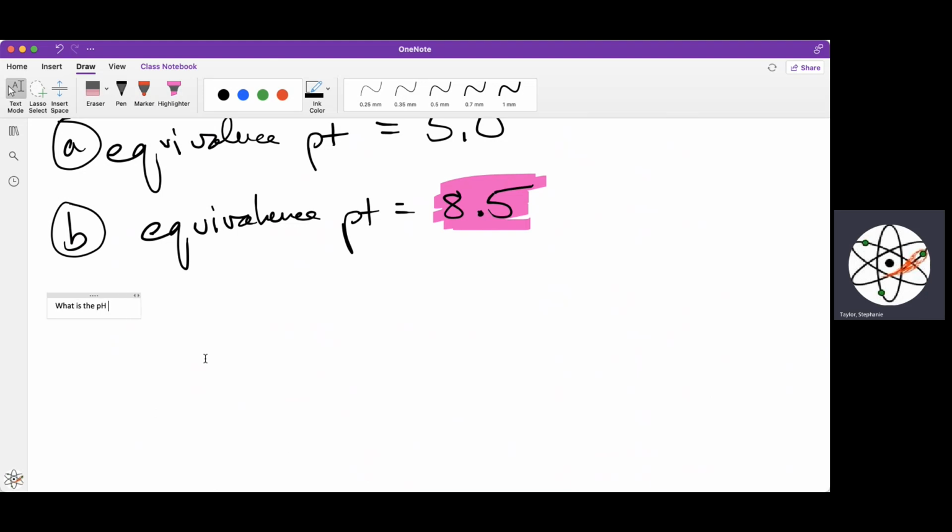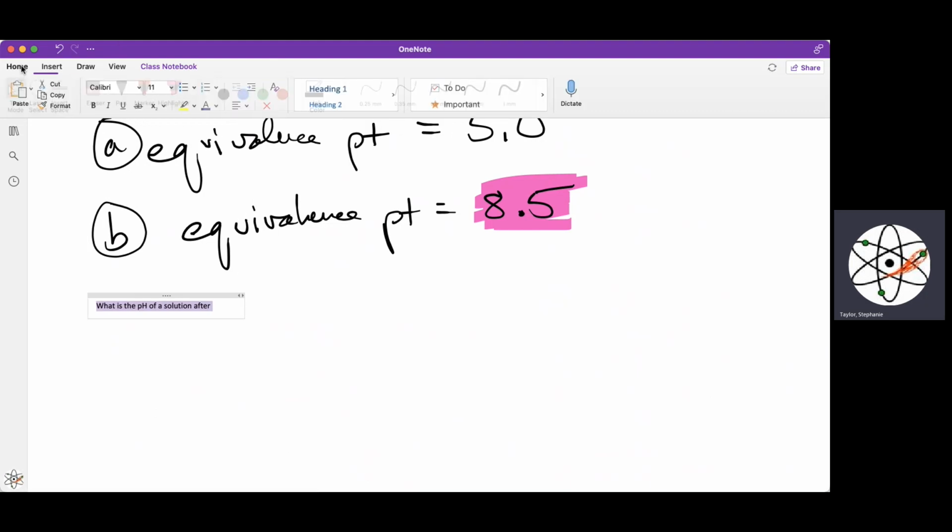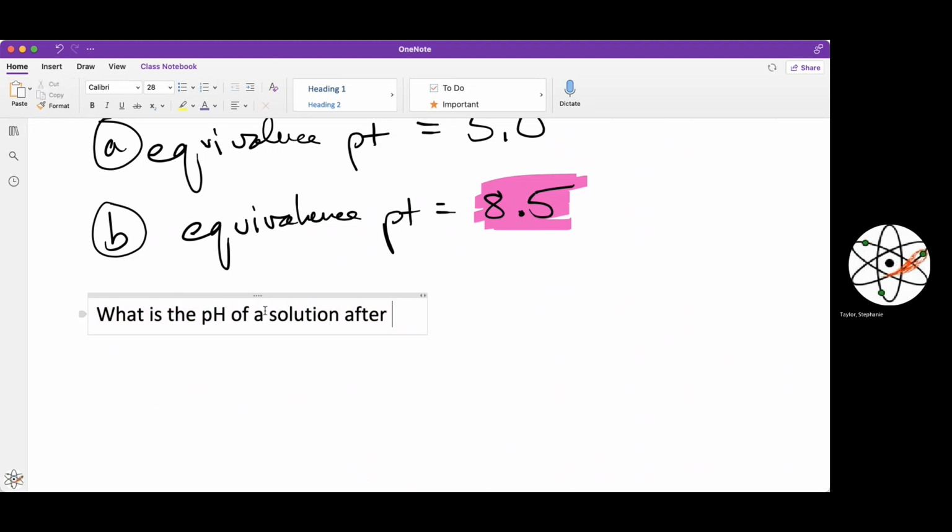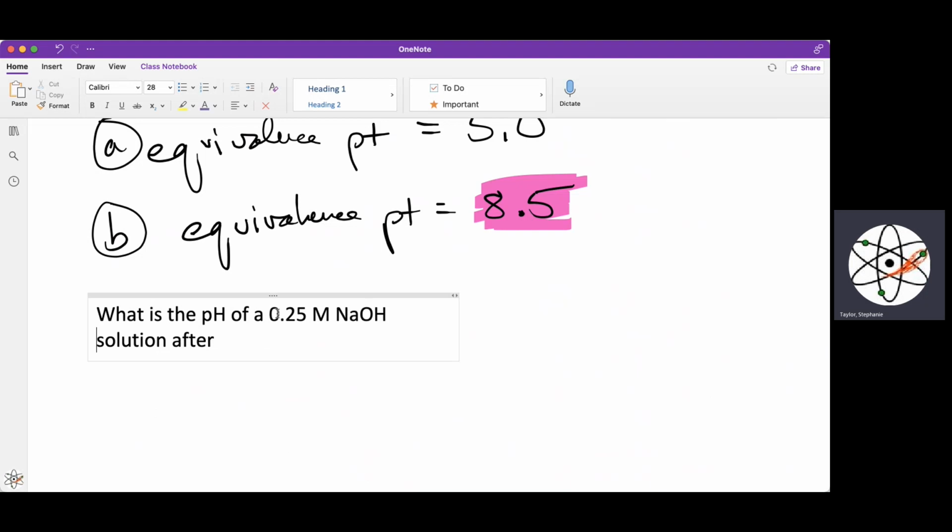What is the pH of a solution after, I can't spell the word solution. Make it big. Of a 0.25 molar NaOH solution after, oh no, we should make this weirder. I don't know. Barium hydroxide.